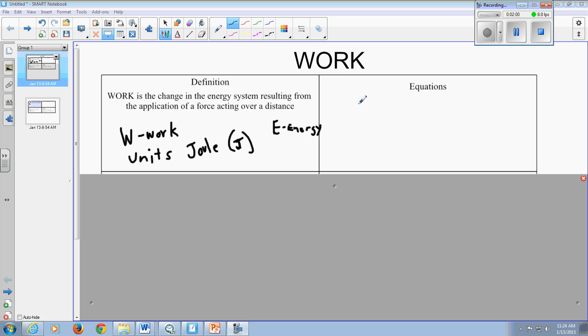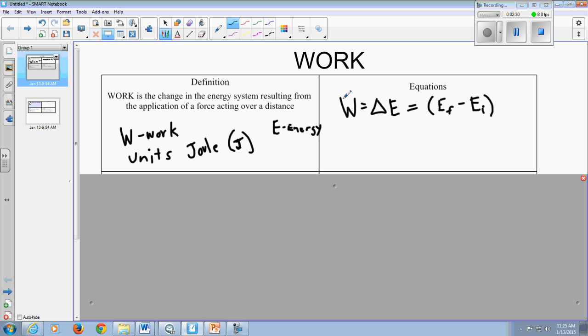What is work? Well, work is equal to change in energy. That's one equation: work equals change in energy. Change in energy is energy final minus energy initial.